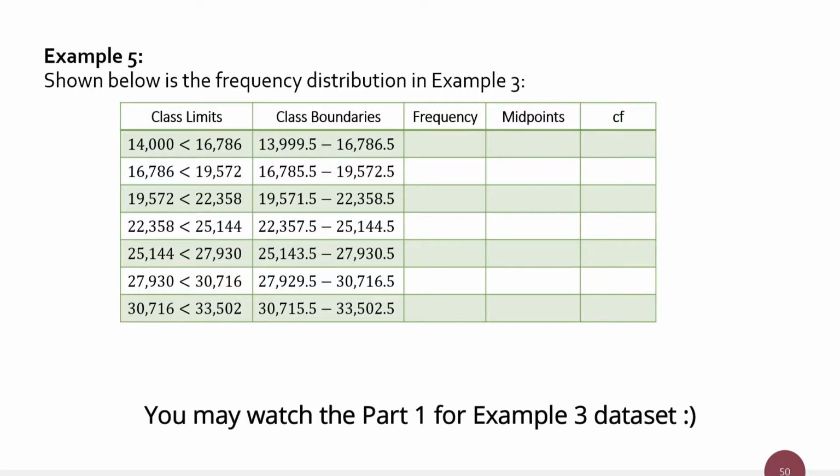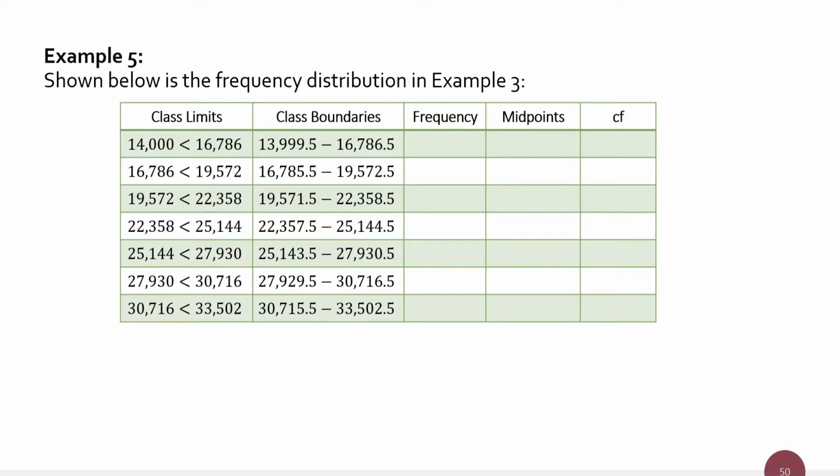Okay, so kung ating babalikan yung example number 3, so na-define natin o na-determine natin yung mga frequencies ng per limits. Okay, so meron tayong nakuhang mga frequency. So again, ang frequency is the number of values na meron dito sa pagitan ng ating mga class limits. Okay? So ito yung set ng ating frequencies.